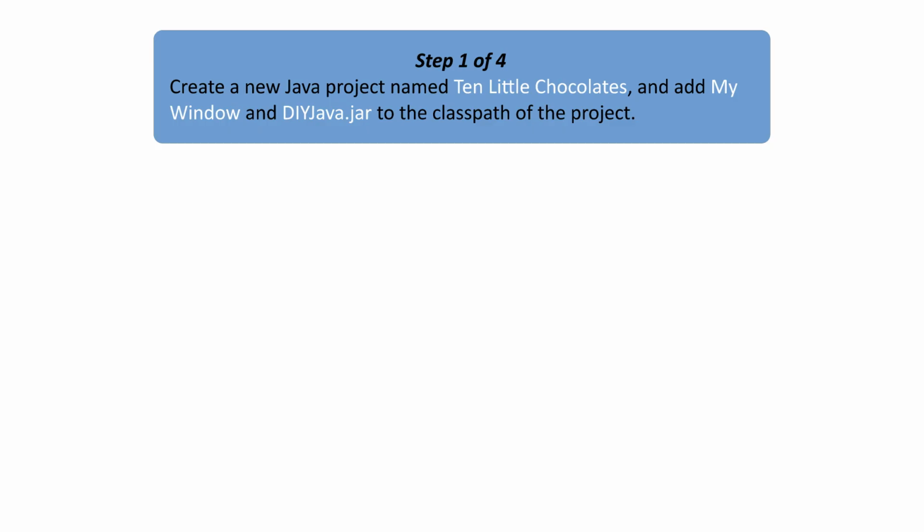Hint: MyWindow is a Java project. DIYjava.jar is an external jar file. To add the MyWindow project, click the Projects tab, click Class Path and Add, then select MyWindow. To add the DIYjava.jar external jar file, click the Libraries tab, click Class Path, and click Add External Jar.